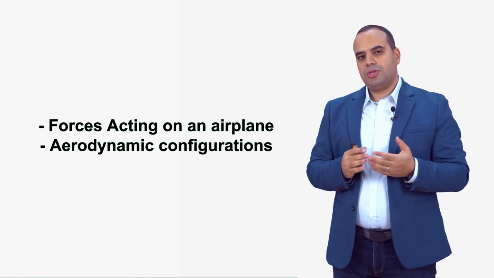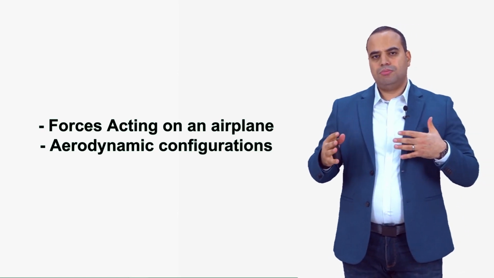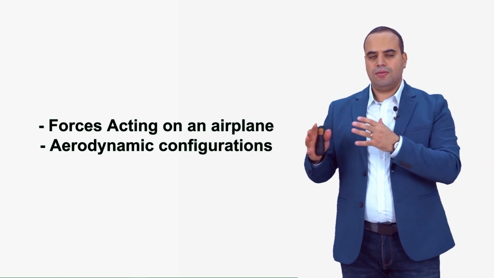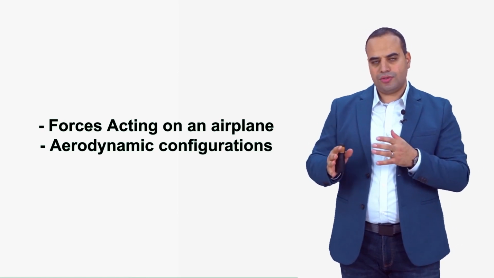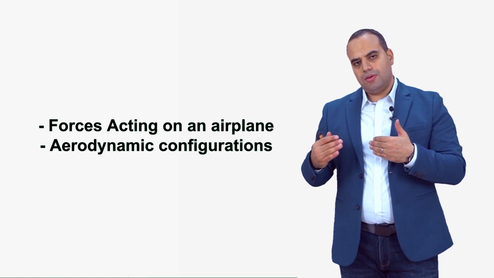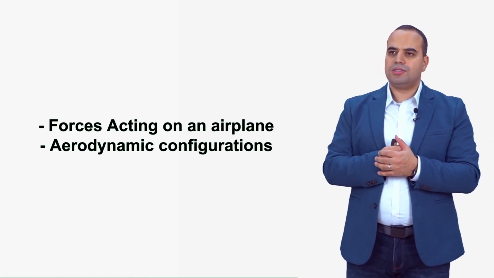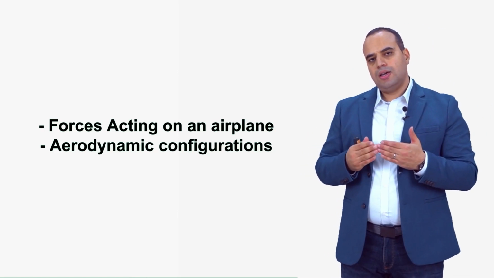So an aerodynamic configuration is basically the mutual position of the wing and, for example, the vertical tail and other control surfaces, and how this mutual position is needed to imply a certain balance scheme of the aircraft's aerodynamic forces, so that the aircraft can fly stably.